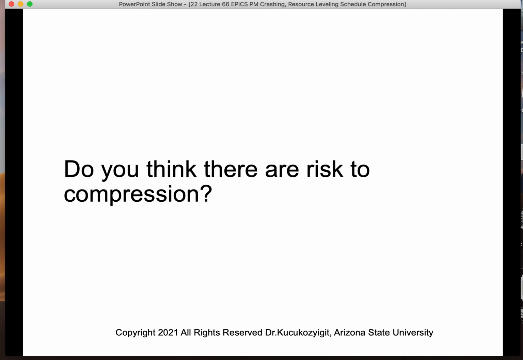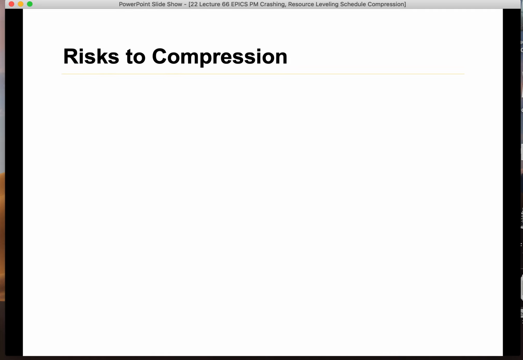What are some of the risks to compression? Think about it for a minute. Well, if you tell people to work another 4 hours after 5 every day or every Saturday, then some tests will be skipped. There will be fatigue.